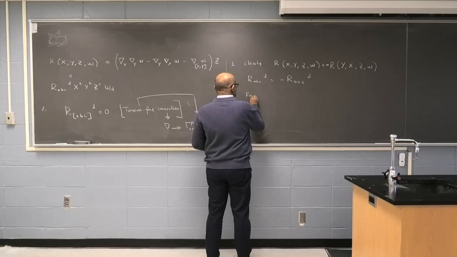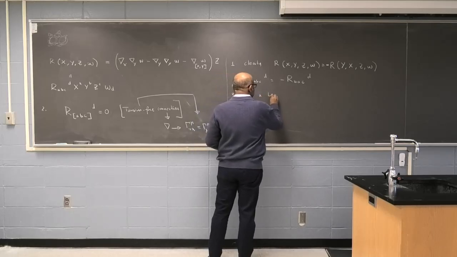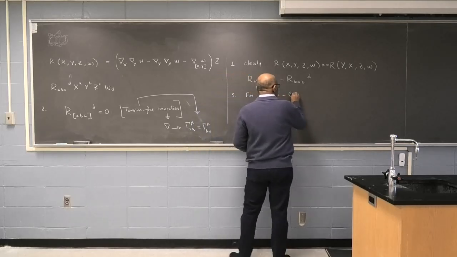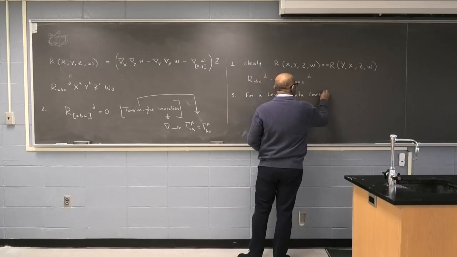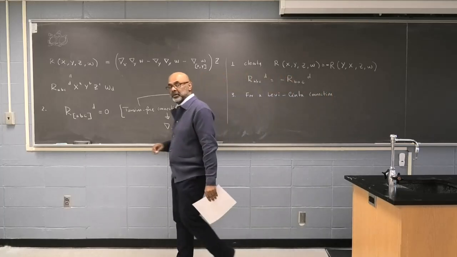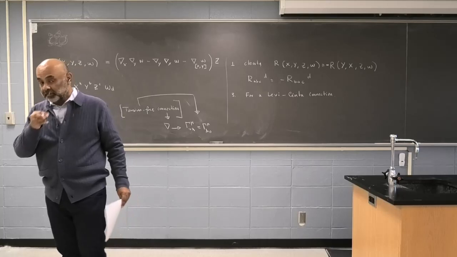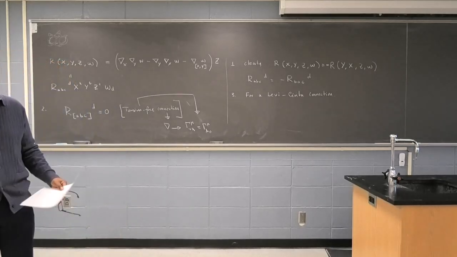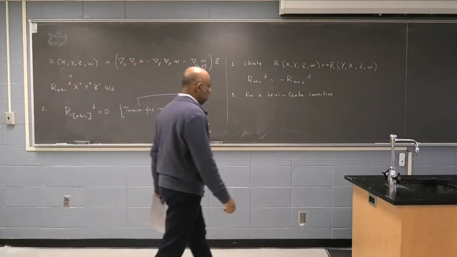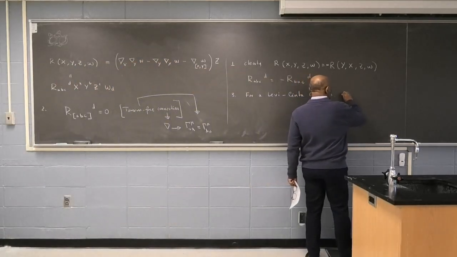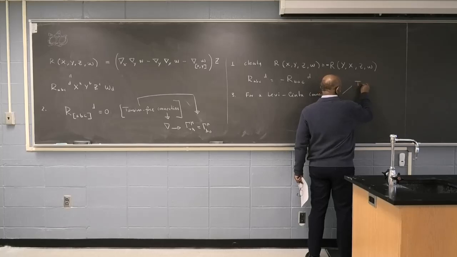What do I mean by Levi-Civita connection? Two things must happen. I defined the Levi-Civita connection a couple of lectures ago. It has two parts to it. One is that torsion is 0.